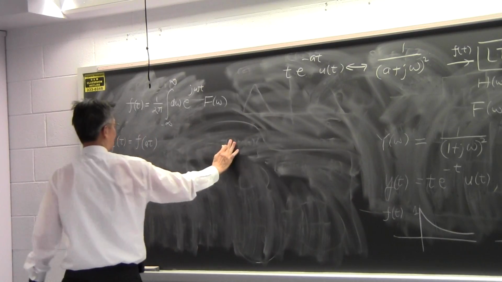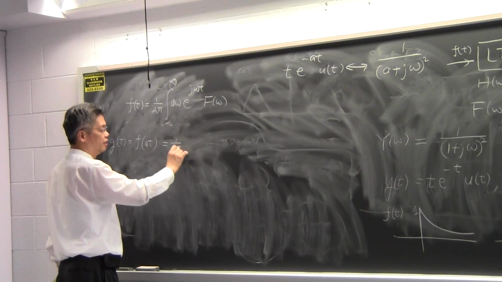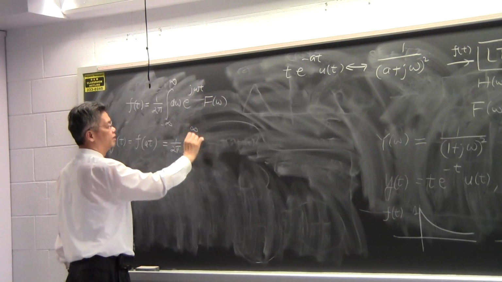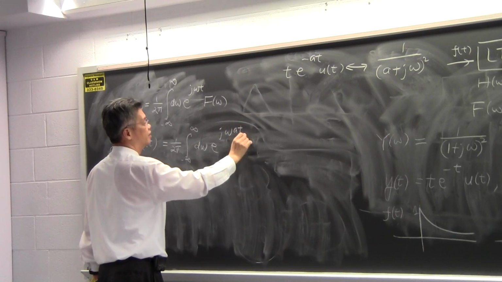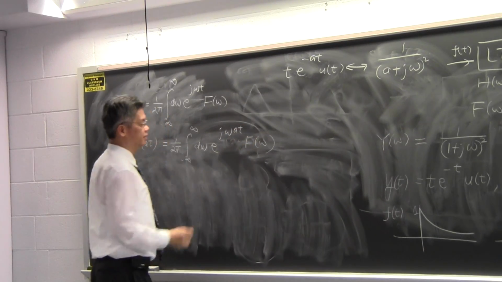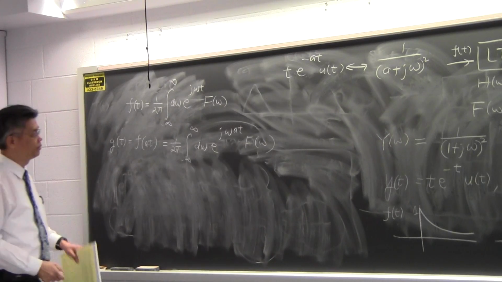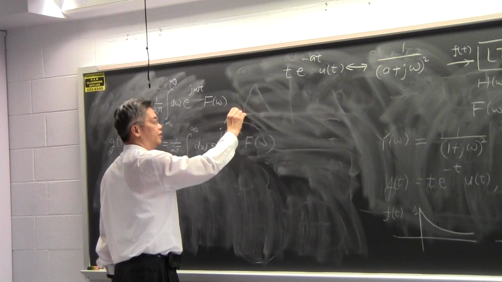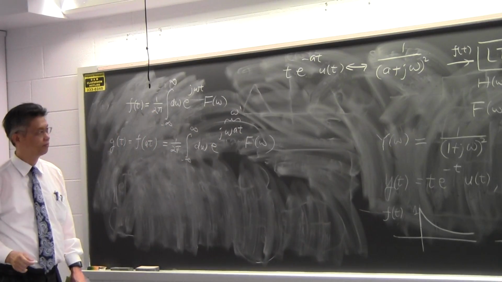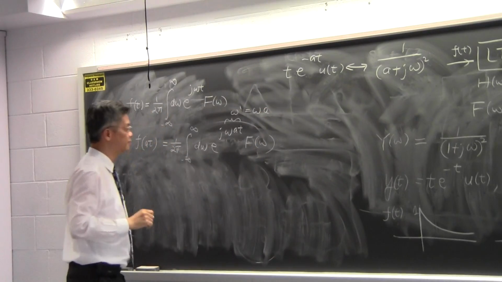Then I can use back this equation. This is just a mathematical identity. I can use back this equation and claim that this is equal to the integral of f of omega times e to the j omega a t. Agree? That is just equal to that. Then I'm going to do a trick. I'm going to call this a new dummy variable omega prime. Omega prime is equal to omega times a.